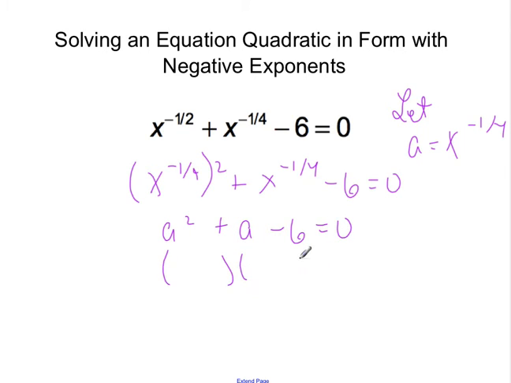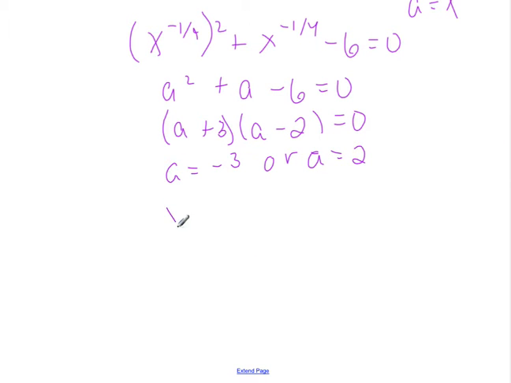So this factors as a plus 3, a minus 2. So I end up with a equals negative 3, or a is equal to 2. Now I'm ready to substitute back in. So I'm going to put my x to the negative 1/4 in for a. And from here, you've got to remember, a negative exponent really just means it's in the bottom.